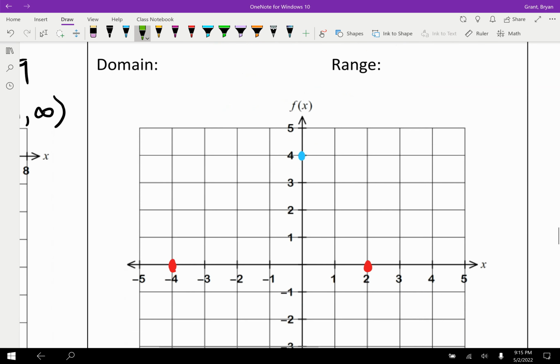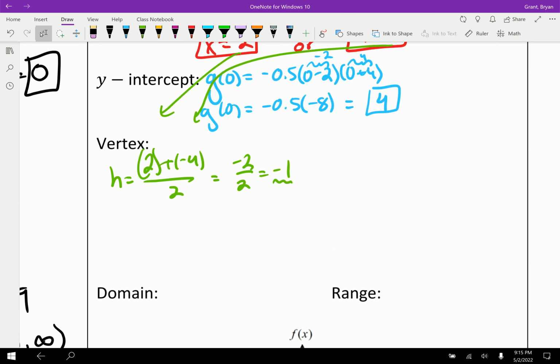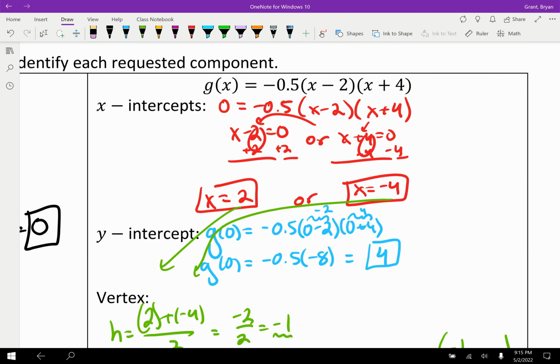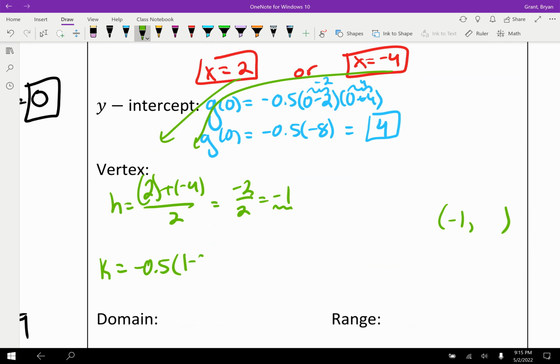Now, I would assume that you could probably count 3 in this direction and 3 in this direction and come up with negative 1, but just in case, everyone's different. Negative 1 comma something. Then we need my k value, and the k value comes from taking that negative 1 and substituting it in for x in the equation. So negative 0.5, and then we end up with 1 minus 2, and 1 plus 4.